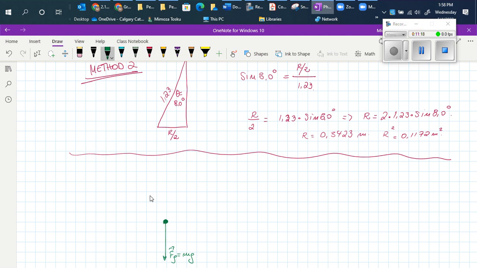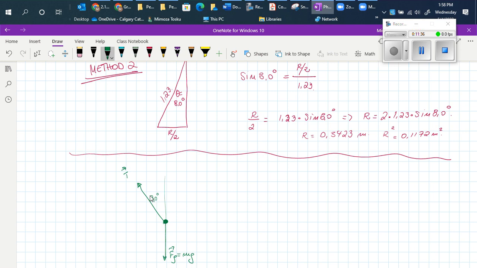And then we will have the force of tension that always starts from the object and goes along the line, forming an angle with the horizontal, as we know, of 8 degrees.